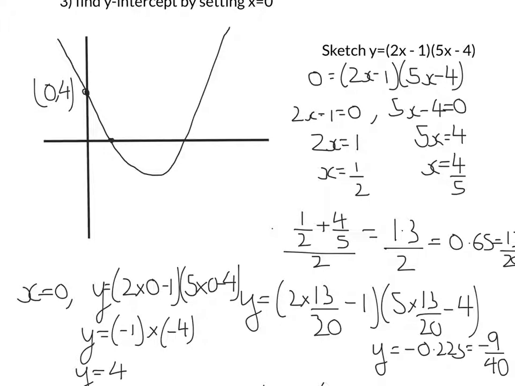It's got its first x-intercept at a half. It's got its second one at 4/5. And its turning point, which is halfway, is at 13/20 and negative 9/40. And that there is the curve it wanted us to draw.